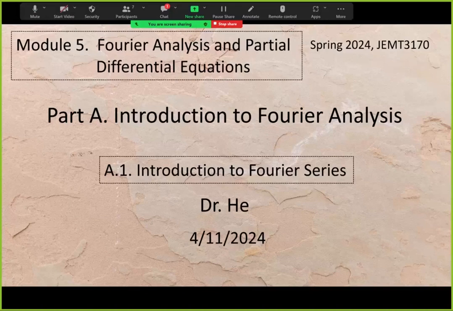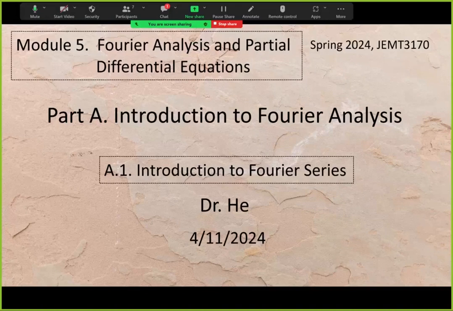Now, this last module is very important. The title is Fourier analysis and partial differential equations. Most of our time I use on Fourier analysis.